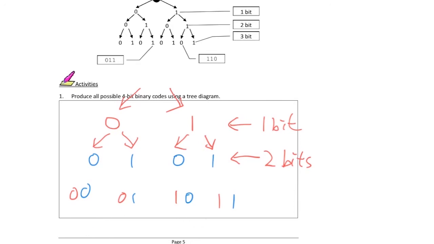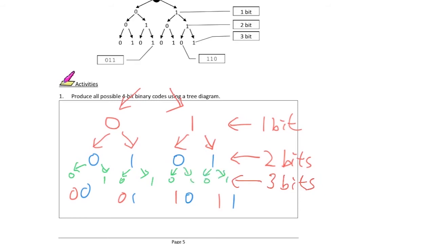If you are given 3 bits, that means whatever the number before, it can still be 0 or 1.